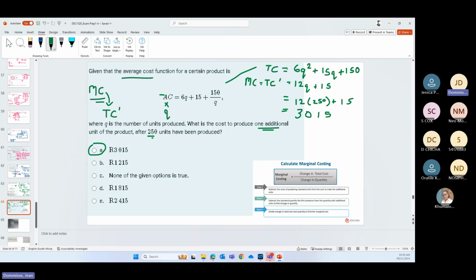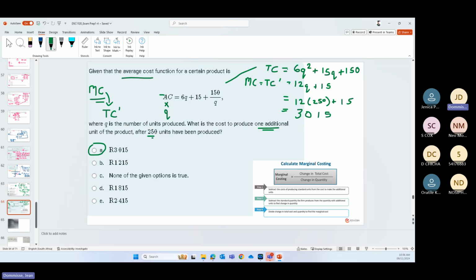That is a very nice table to have with you when you write the exam. Sometimes one forgets that you can only get to marginal cost if you say, what's my total cost? And then I move to marginal cost.